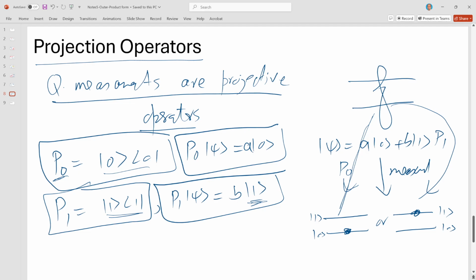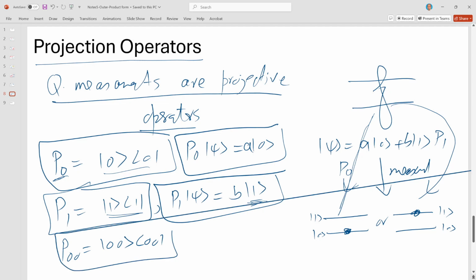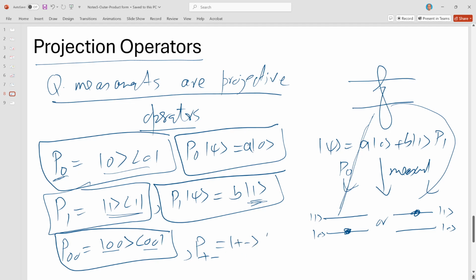And similarly, we can construct higher dimensional projection operators. For example, we can have a projection operator that projects us to the two-qubit 00 state, or maybe we can have a projector that projects our state to a product state of two qubits, where one qubit is in the superposition state plus and the other qubit is in the superposition state minus.